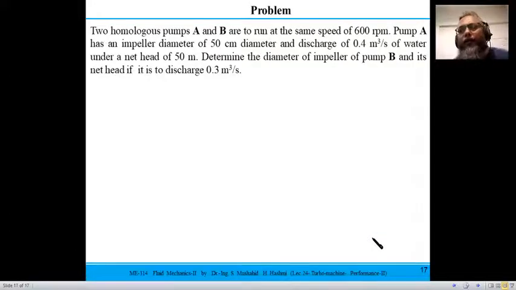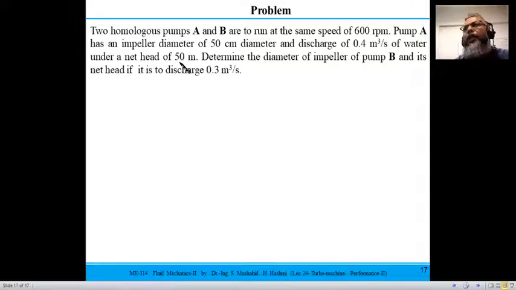Okay, there is a problem related to this specific speed. You have two homologous pumps, A and B, running at the same speed of 600 RPM. We will see what homologous means. Pump A has an impeller of diameter 50 and a volume flow rate of 0.4 meter cube per second of water under a net head of 50 meters.